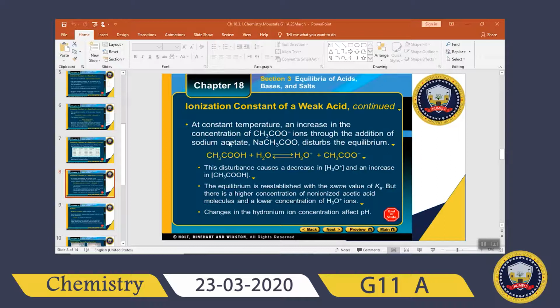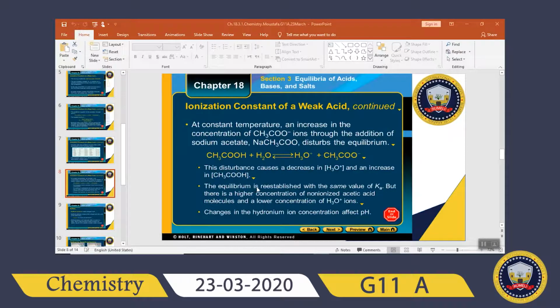And the concentration of acetic acid, will it increase or decrease? It will increase, because it is a product of the reaction between acetate and hydronium ion.